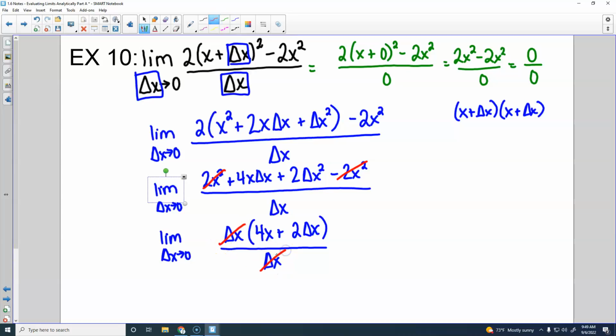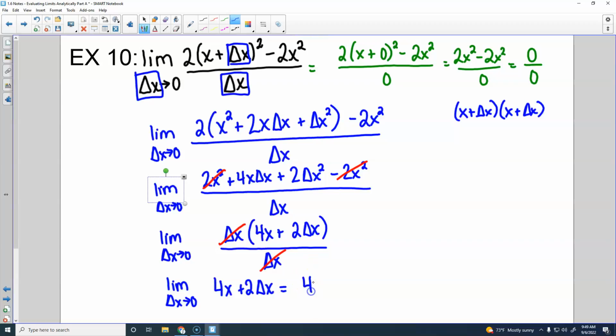Those delta x's can cancel, and when those delta x's cancel, now we're just doing the limit as delta x approaches 0 of 4x plus 2 delta x. And we're going to plug in 0. What are we plugging in 0 for? Delta x, not x, just delta x.